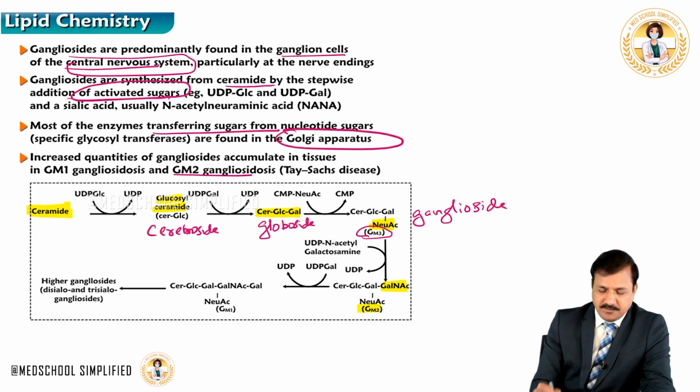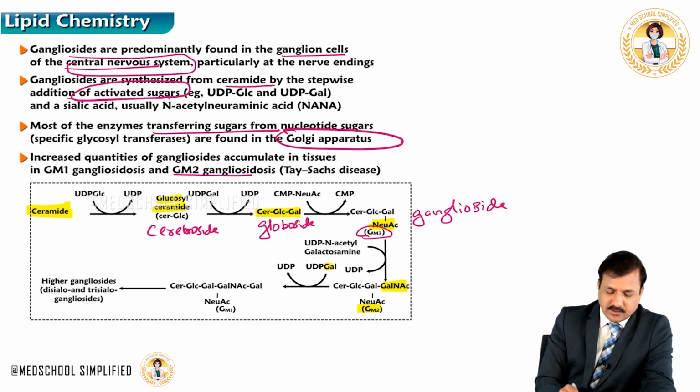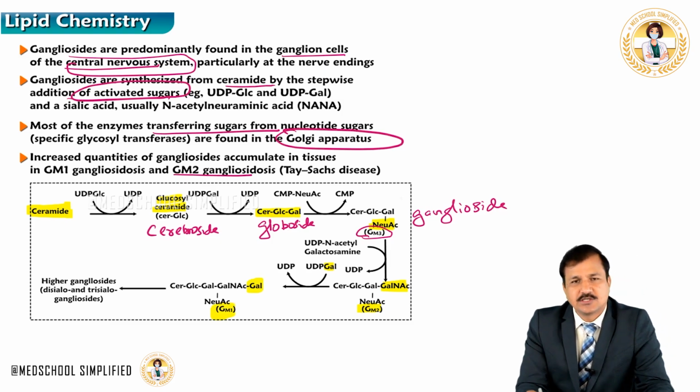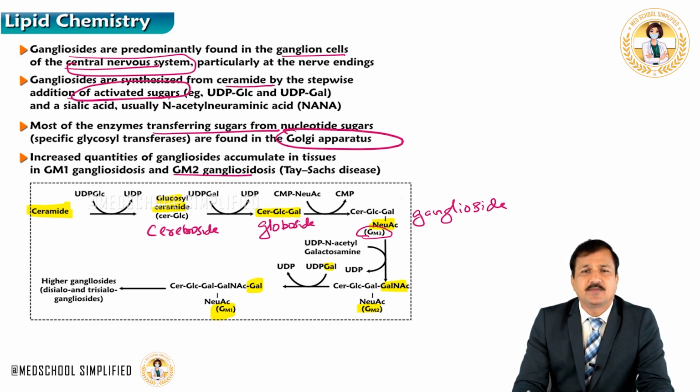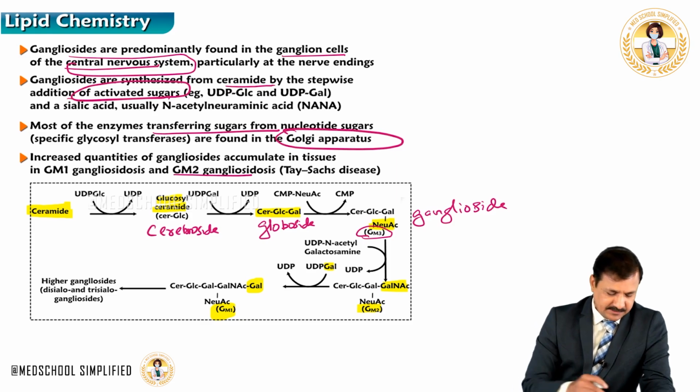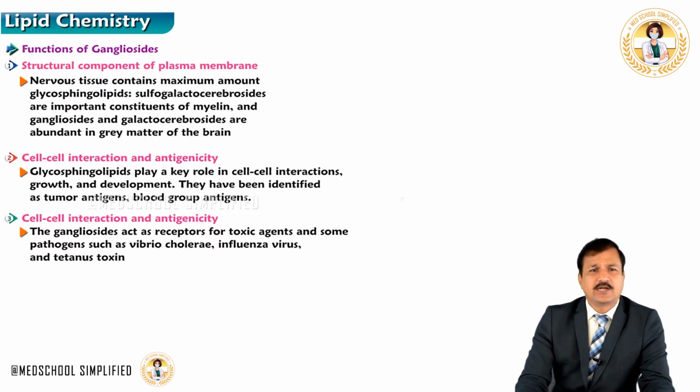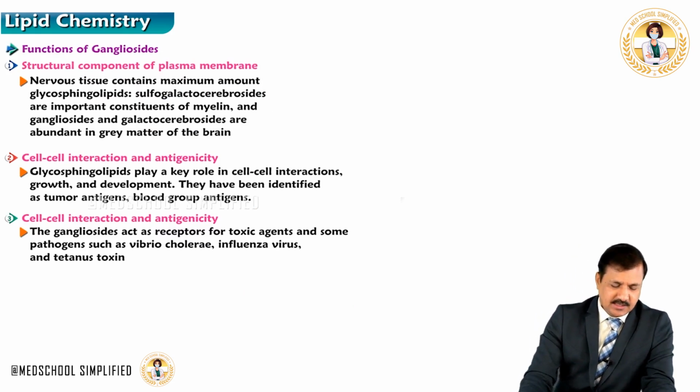And then to this GM2 ganglioside, a galactose molecule is added, and that becomes GM1 ganglioside. So this is how gangliosides are synthesized from a ceramide molecule in a stepwise manner. Remember that. Now let's look at the functions of gangliosides.